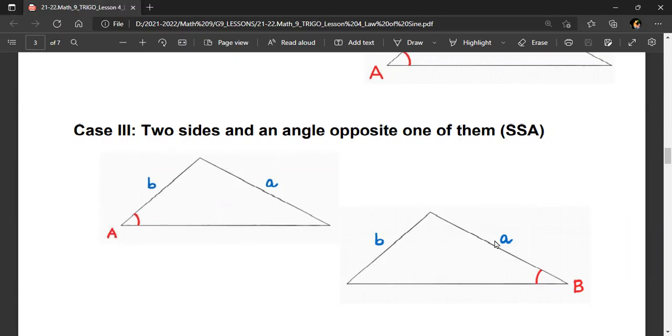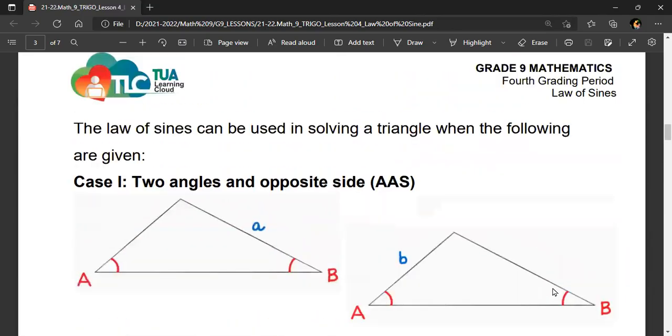On the second triangle, we have side B adjacent to side A and also an angle. So this is SSA. For these three cases that you will be encountering for an oblique triangle, you can use the sine law, or law of sines.